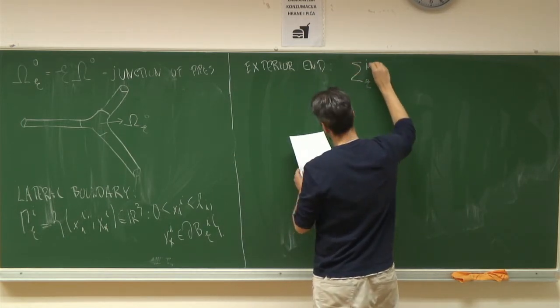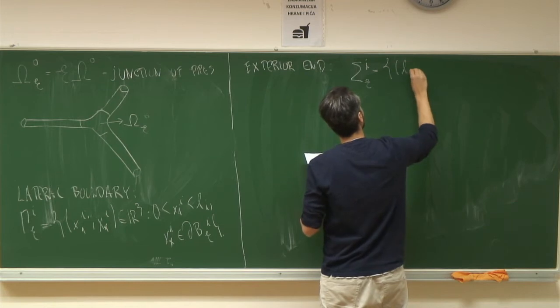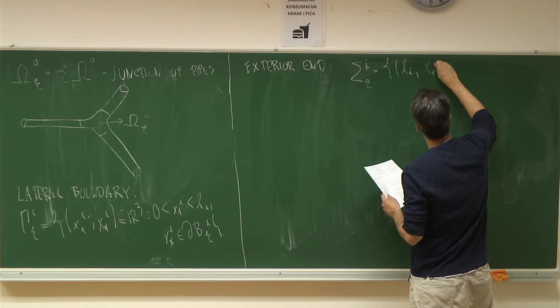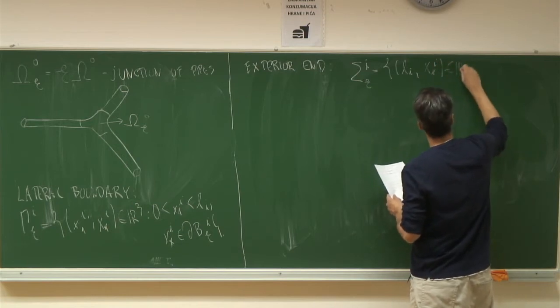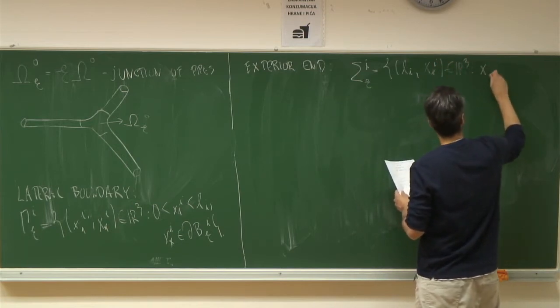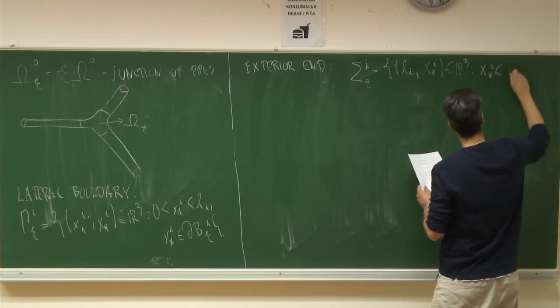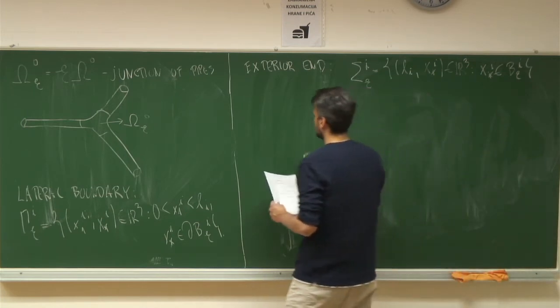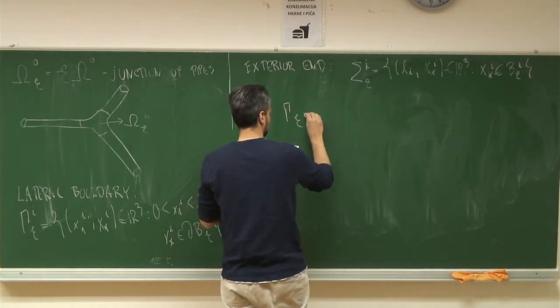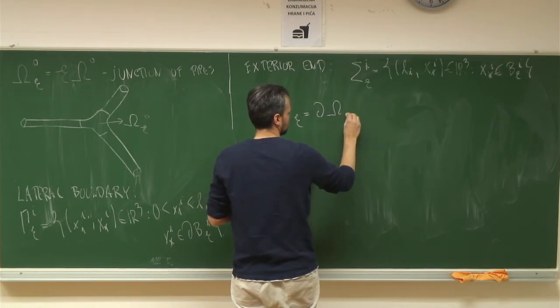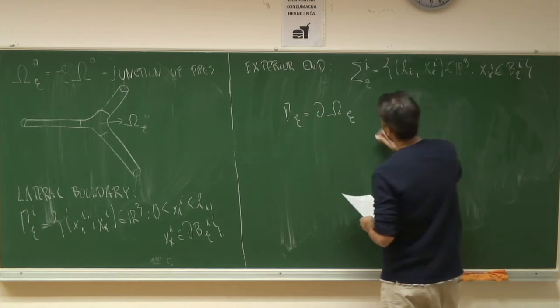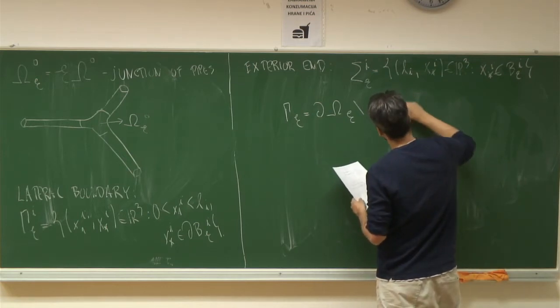So sigma epsilon i is just Li times x star i, which is from R3. Okay, and you can denote this lateral boundary. It is basically the boundary of the domain without the exterior ends.